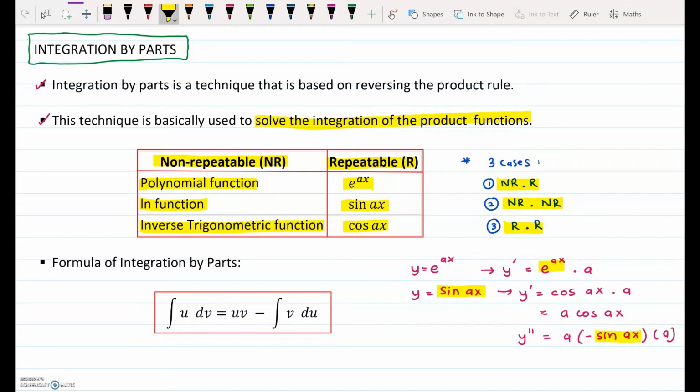We have a formula that we will use in this topic. The formula of integration by parts is given as the integration of u times dv equals uv minus the integration of v du.